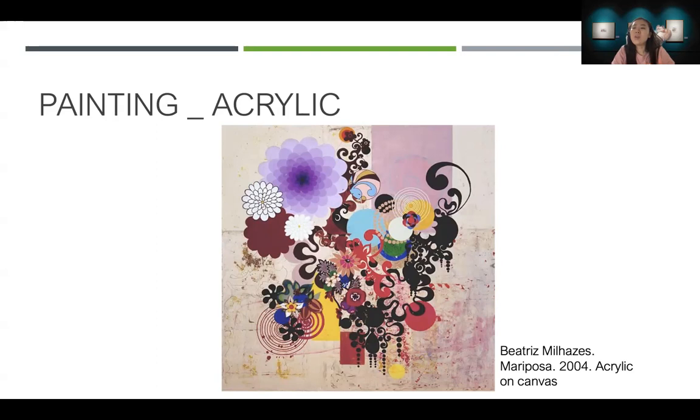And when you add enough water to the acrylic paint, then you can use it like a watercolor paint. Like this painting, the artist shows the oil painting effect on the emphasis part and the watercolor effect on the subordinate part by using acrylic paints and the water concentration.